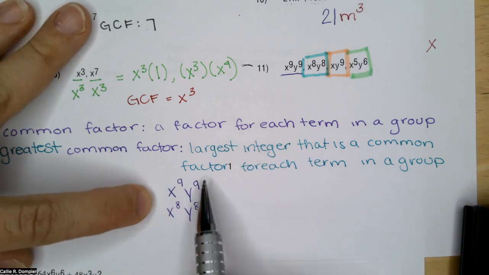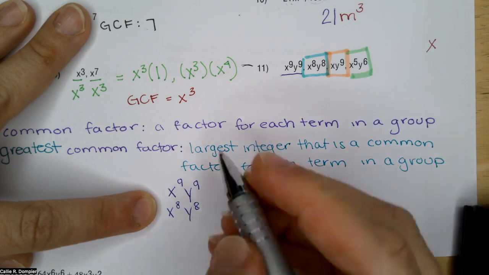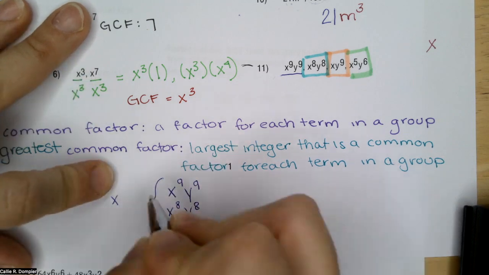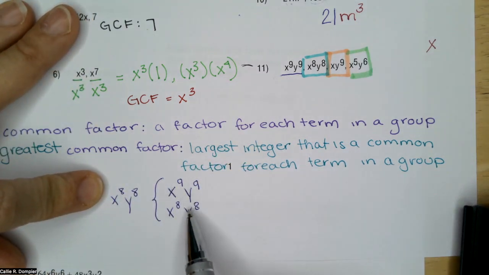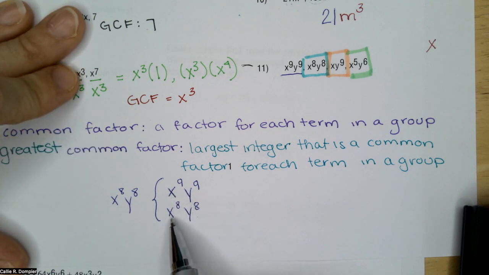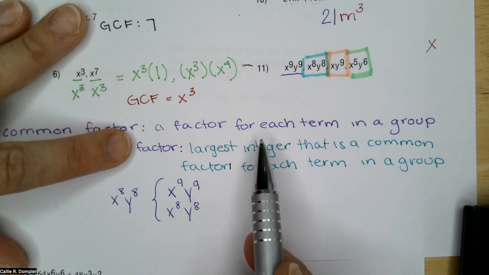If we just look at those two terms, our greatest common factor, this is just a side note, would be x to the 8th, y to the 8th, because those bases are common to both terms, and we're going to take the smallest exponent.